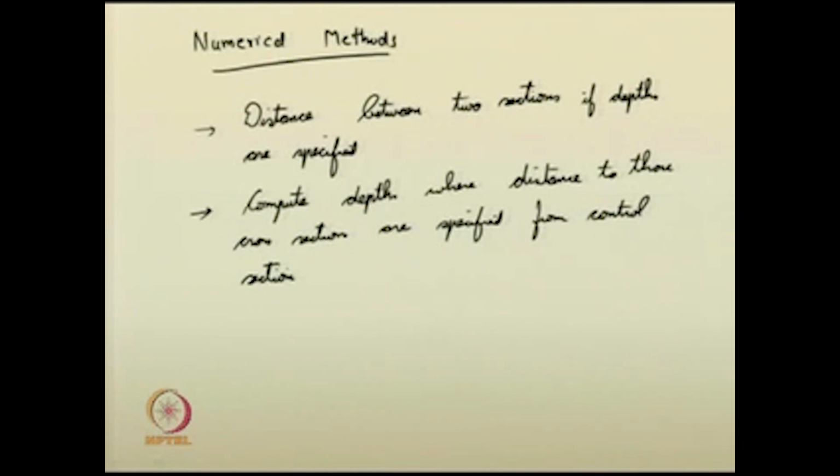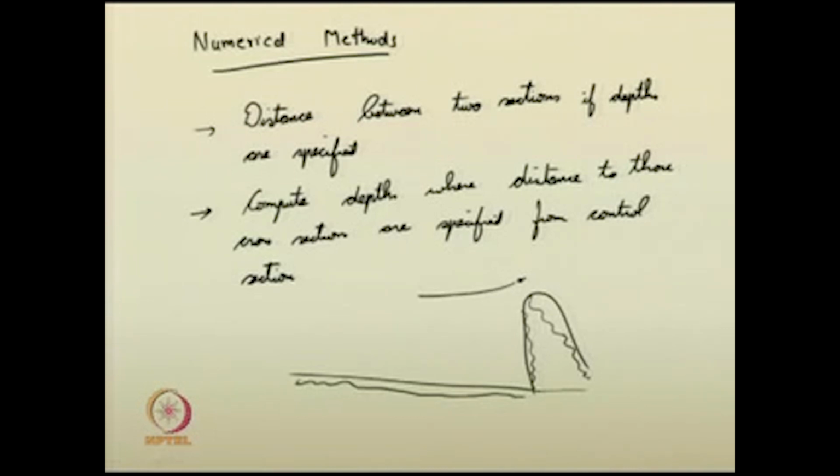So, if I just draw it like this, say this is your control section for a particular problem, then you can consider it x is equal to 0. From this location you can compute the profile in the upstream direction, say x.